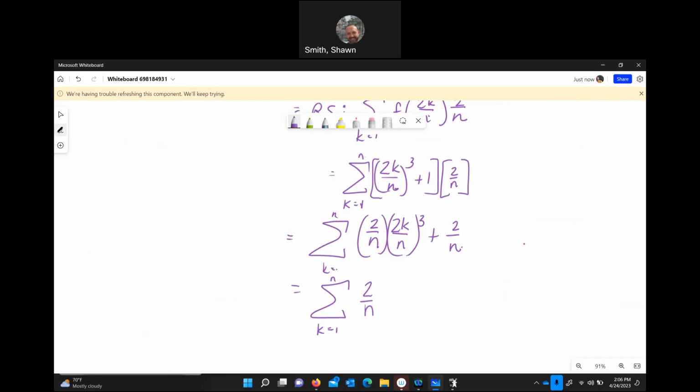Look right here, this would be 2 cubed over n cubed and a k cubed, right? I'm going to skip a step. Times another 2 over n. So this is 2 over n to the fourth, times a k cubed, plus a 2 over n.